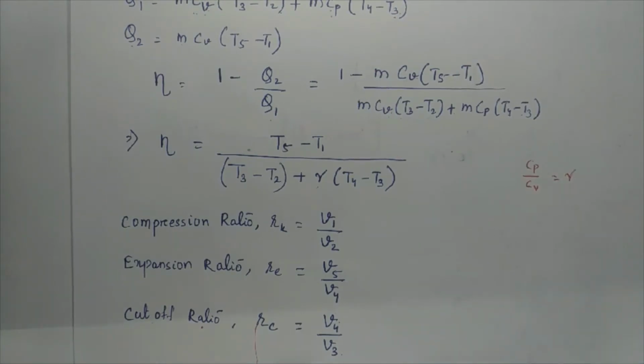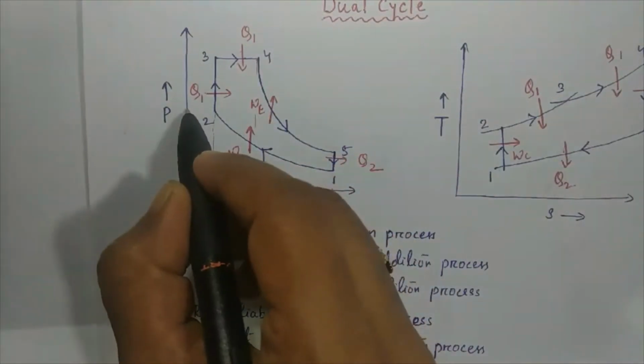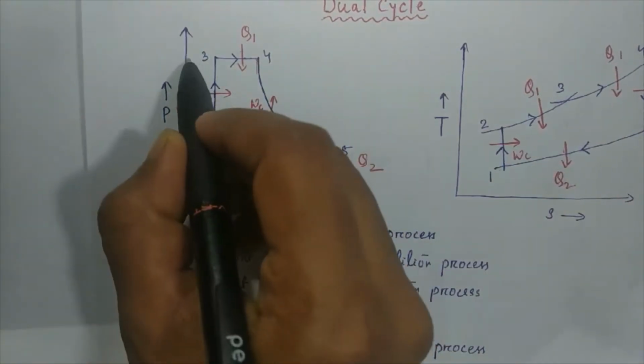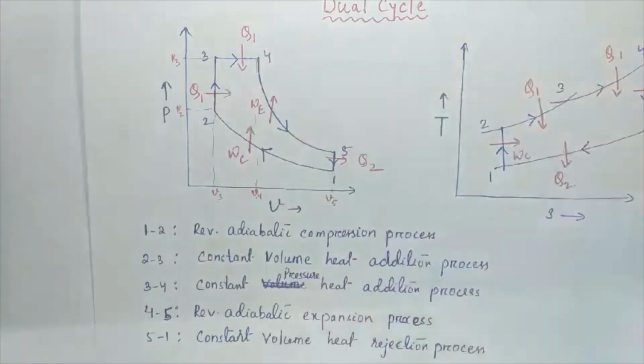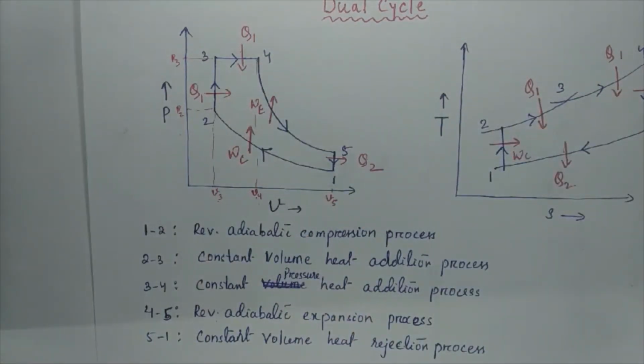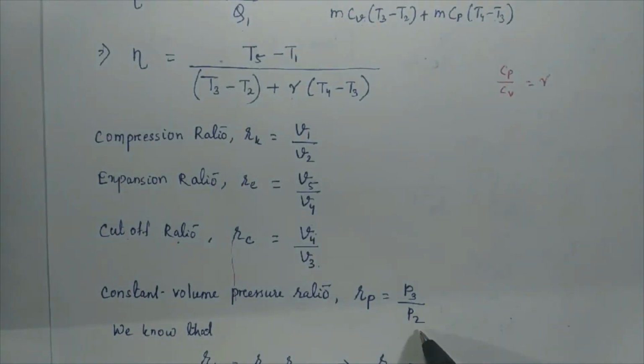Then the constant volume pressure ratio. We measure this for the constant volume process, that is 2 to 3. Here we consider P2 and P3, and again we consider the maximum value by the minimum value. Which pressure is maximum? That is P3. So the ratio becomes P3 by P2.